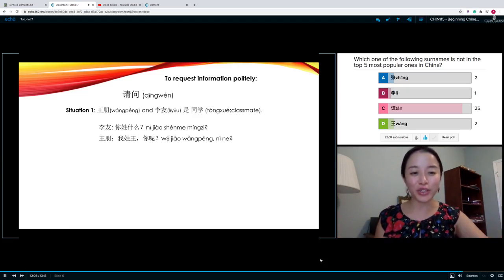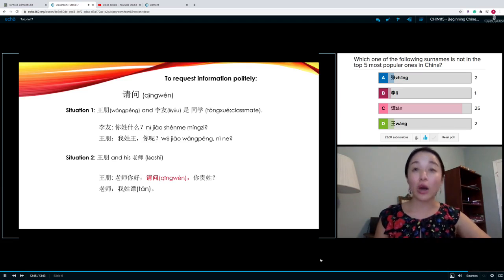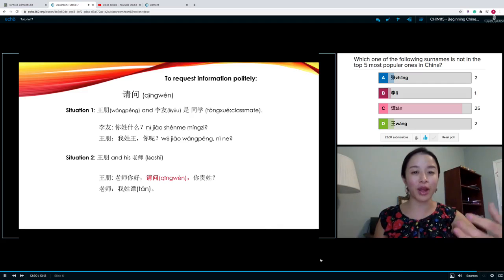Look at situation 2. Wang Peng has a conversation with his 老师. Wang Peng starts, 老师你好，请问你贵姓? 老师 answers, 我姓谭. As you can see, it depends on with whom we're talking, right?